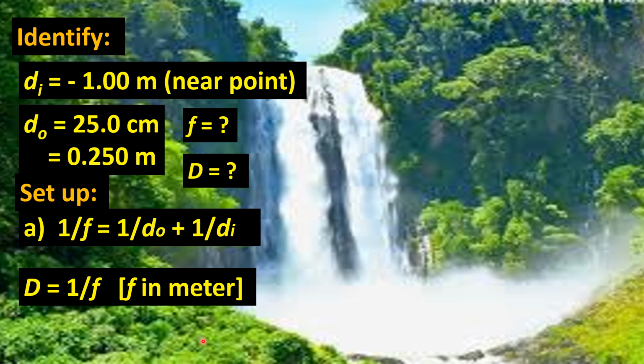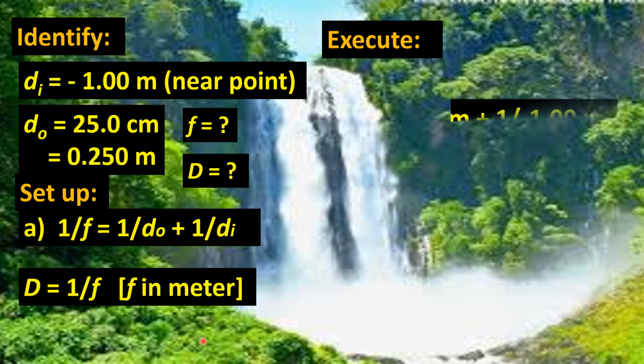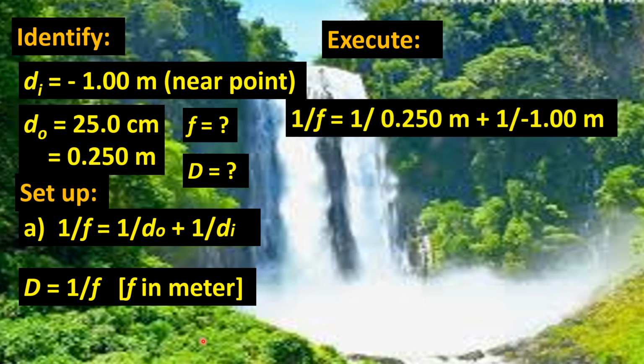So, executing our formulas, for the focal length, small letter f, we just substitute the given quantities, the object distance, which is 0.250 meters, and the image distance, which is negative 1.00 meter.